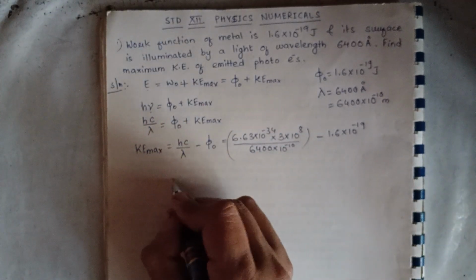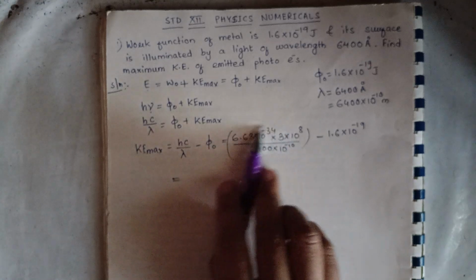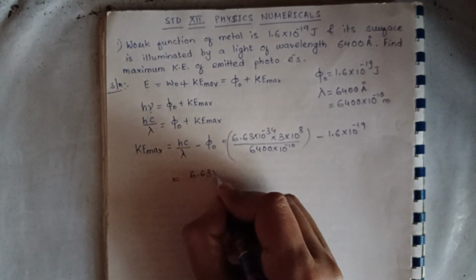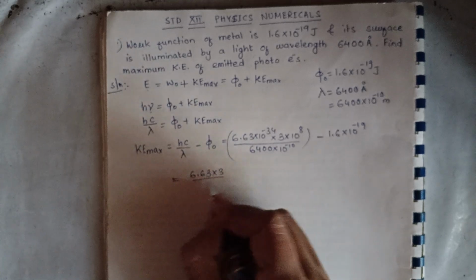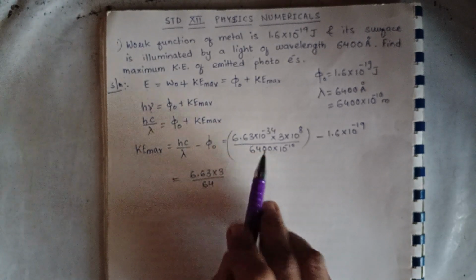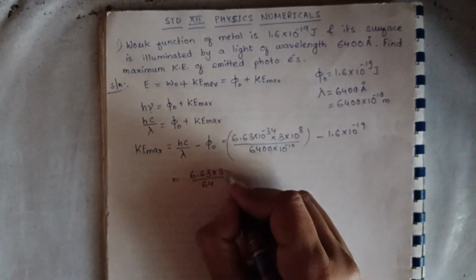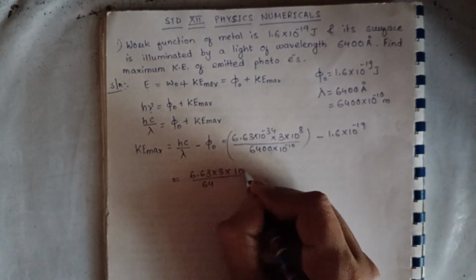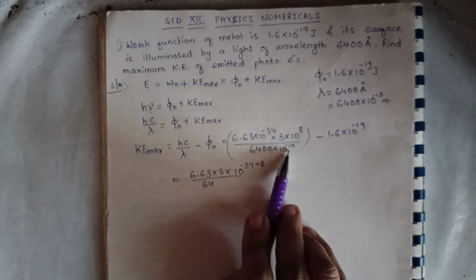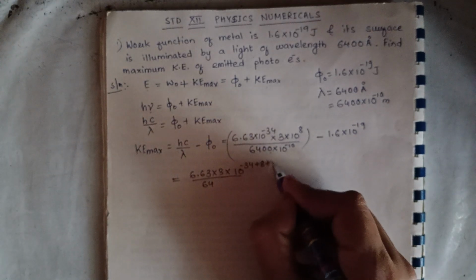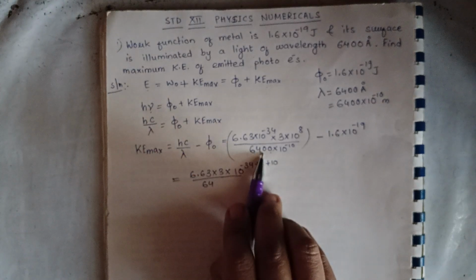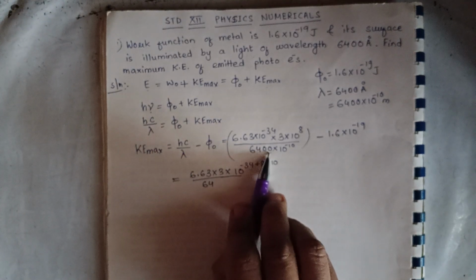So you have to first calculate this thing. I'll write 6.63 into 3 upon 64. This 00 I'll take as 10 raised to 2. So here we have minus 34 plus 8. This is plus 10 when you take it in the numerator, and this is 10 raised to 2, correct?